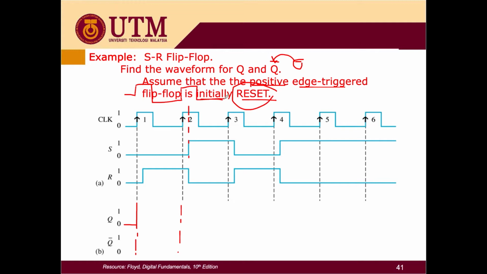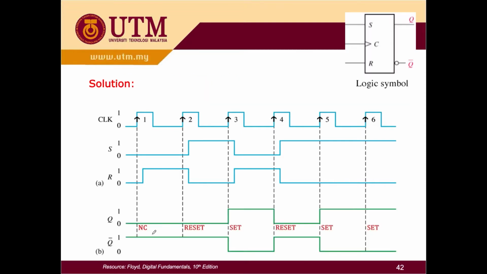So please try to draw also the SR latch's output. It's going to be totally different from the output of your SR flip-flop and also your latches. So over here you were given the answer. As mentioned, it will be starting at 0.